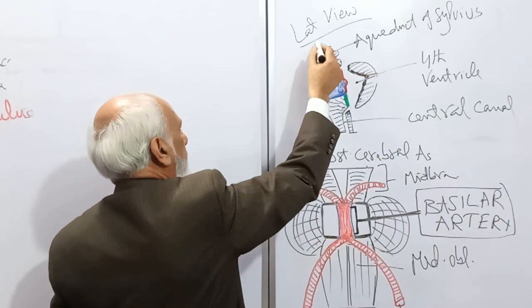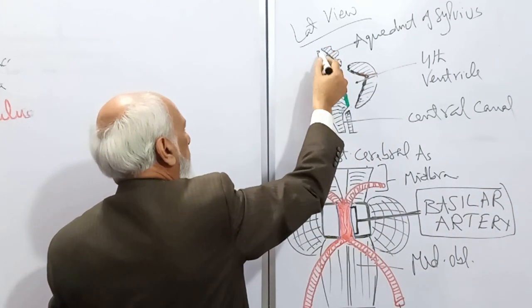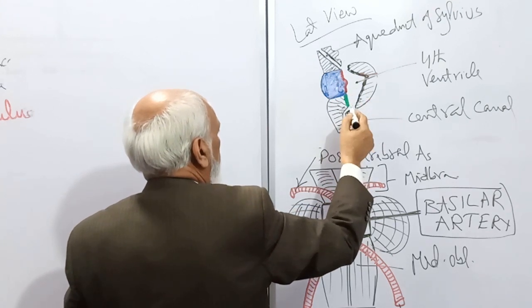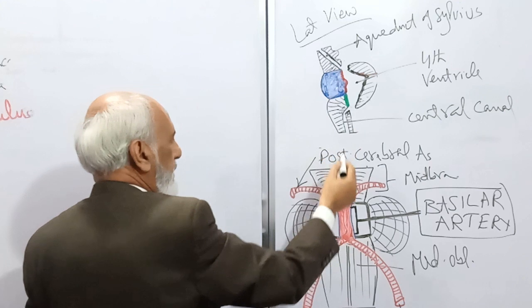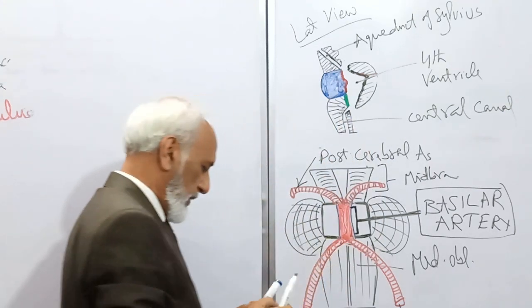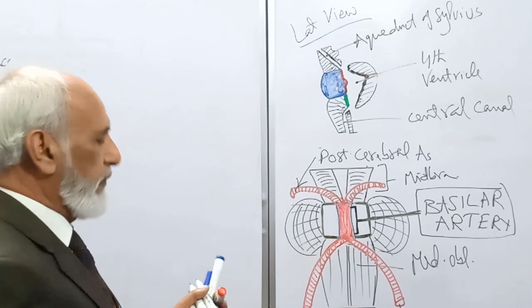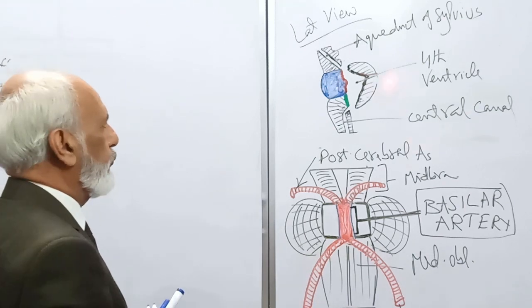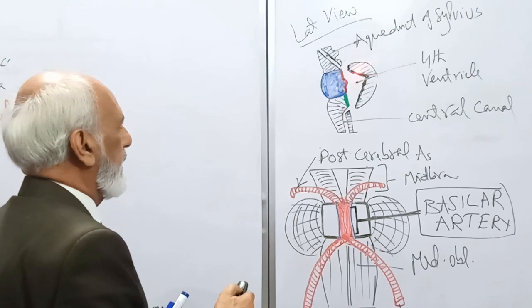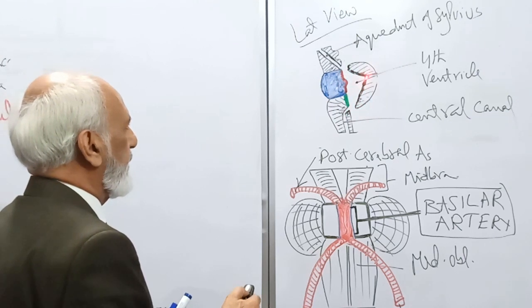So the third ventricle communicates with the fourth ventricle via the aqueduct of Sylvius, and the fourth ventricle communicates with the central canal of the medulla oblongata and spinal cord, and also with the subarachnoid space. Now you can see the fourth ventricle has a floor and roof. This is the floor of the fourth ventricle, and this is a tent-shaped roof.